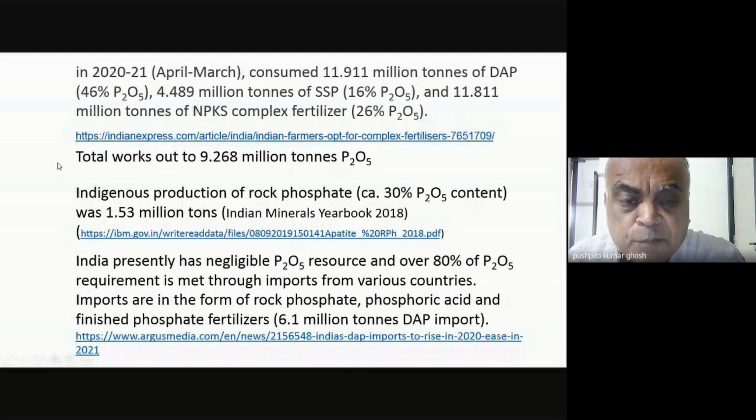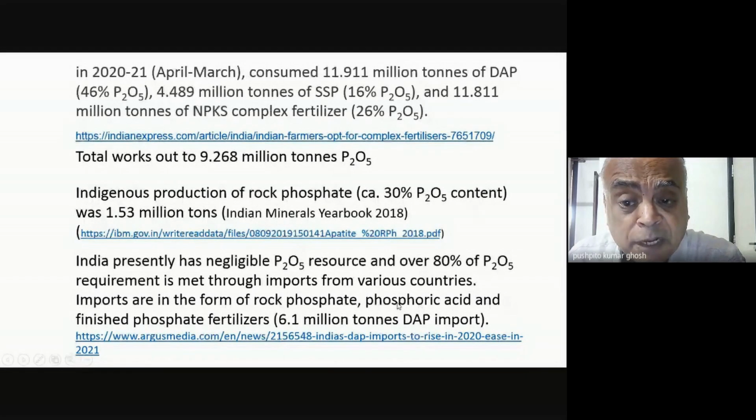So it's all imported. Imported as what? Okay, so we can have a look at it. The three things that India imports. One is that it imports the rock phosphate or the phosphate rock. And then there are factories here who produce fertilizers from rock. So that's one.